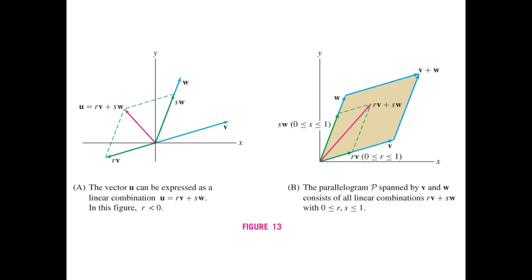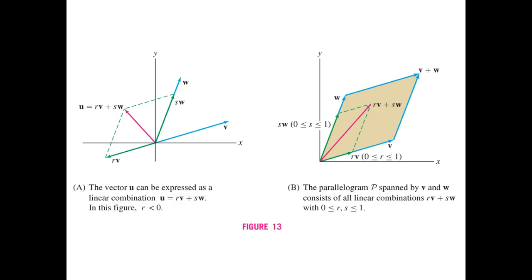Now, coming up with another term here. This parallelogram that we have here, the sort of tan-colored parallelogram, P is spanned by V and W and consists of all the linear combinations RV plus SW with 0 less than or equal to R and S less than or equal to 1.